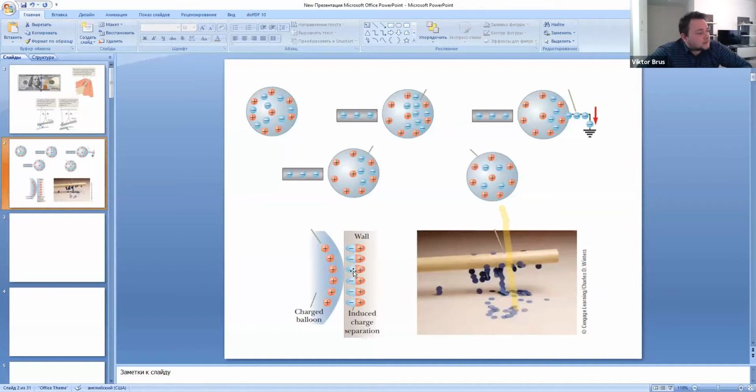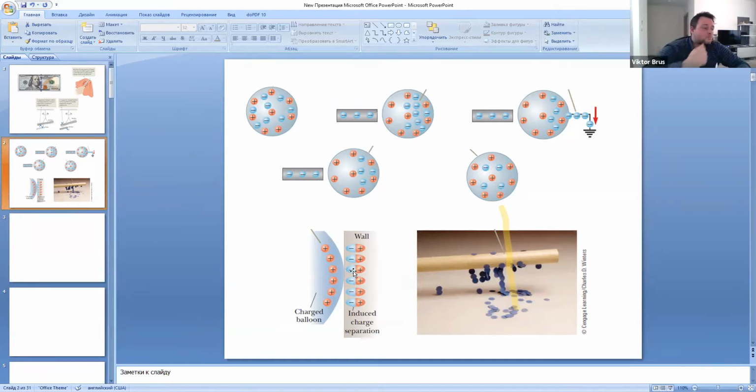So when we have some electrically charged, let's say positively charged body, which is approaching the surface of a dielectric, charges in the dielectric, like positive charges, are also repelled from the positively charged body.